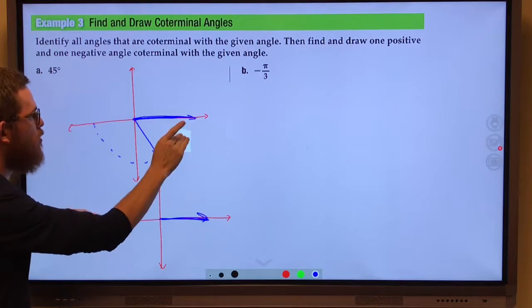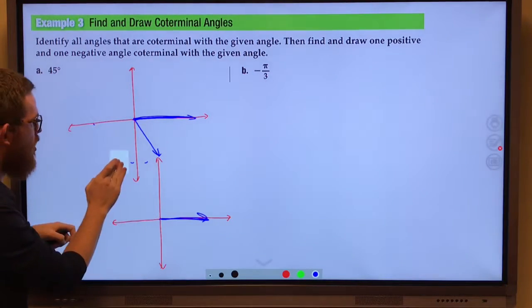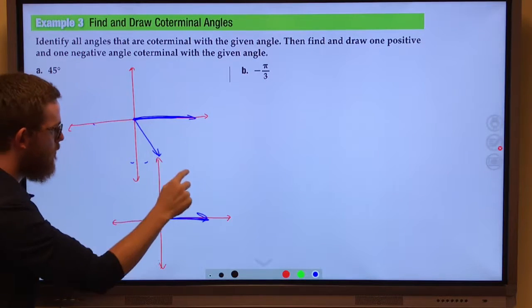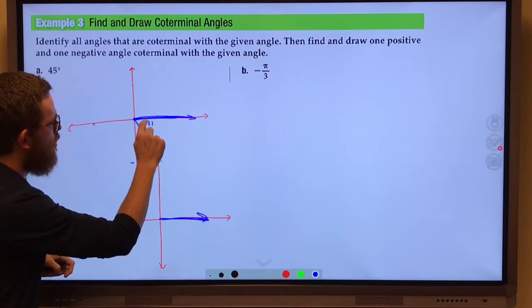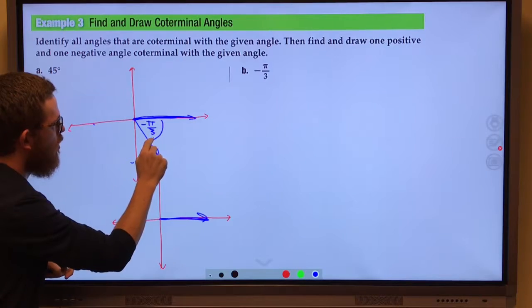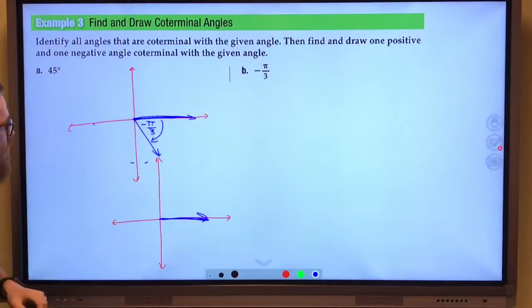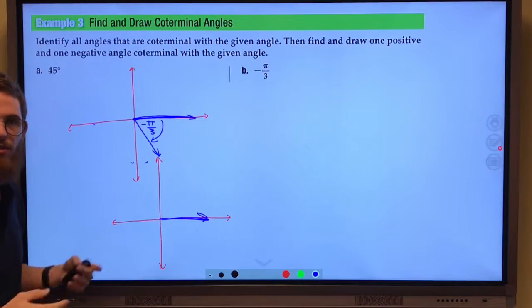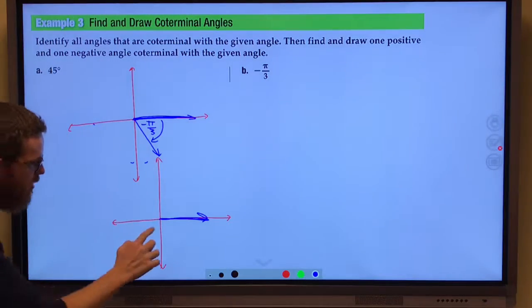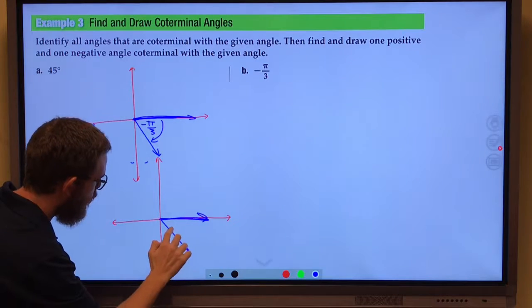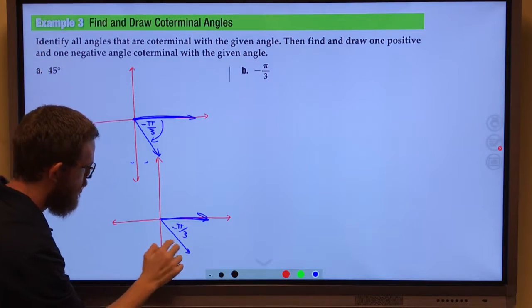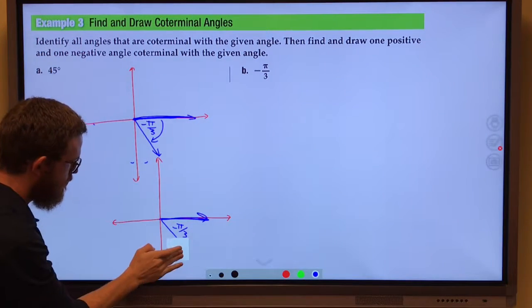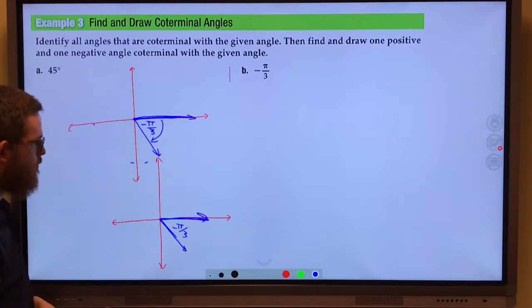And negative pi over 3 should be about right there. So we see that? We're splitting this entire side of our circle into thirds. Same thing here. This is also negative pi over 3.